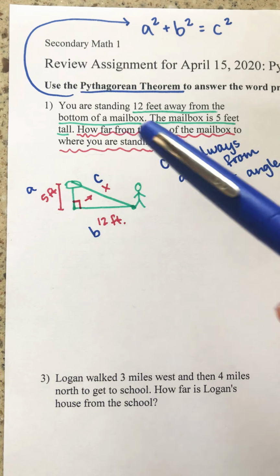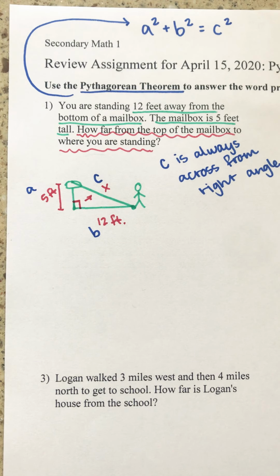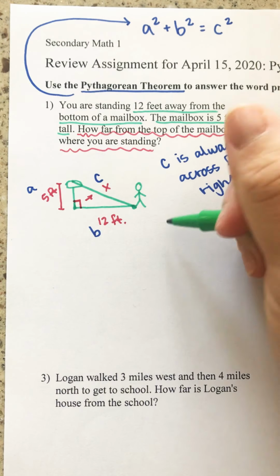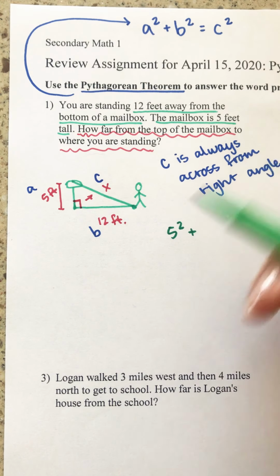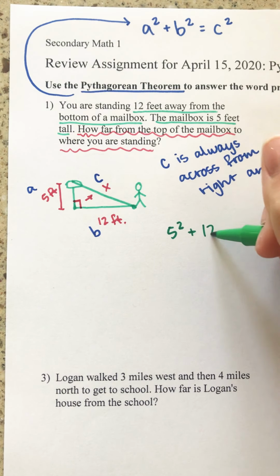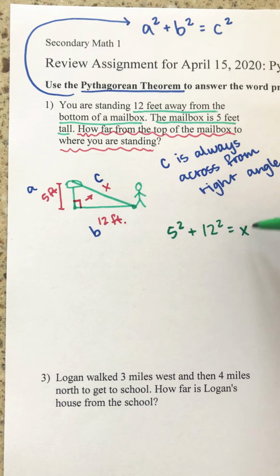We turned a word problem into a picture, and now we are going to solve for that triangle. So my A squared, I know A is 5, so I have 5 squared. Plus B squared, B is 12, so 12 squared, equals C. C is X, so equals X squared.